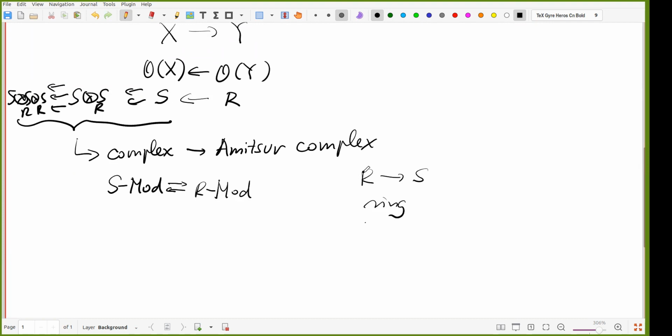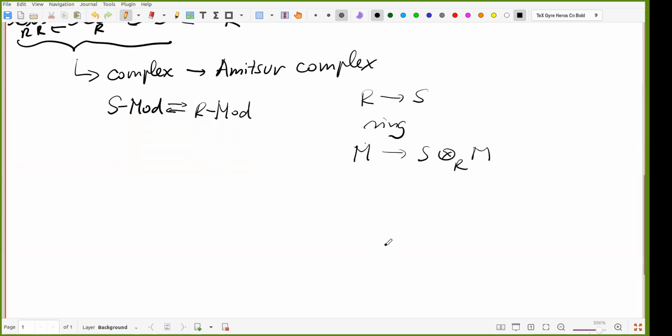I will have a restriction of scalars, I will have extension of scalars, and extension of scalars is left adjoint. So a module M goes to S tensor over R M, if they are left modules, from R modules to S modules; that's extension of scalars. Then restriction is just replacing the coefficients, the scalars, and the restriction has its own right adjoint. It's an important thing that we have an adjoint triple, not only an adjoint pair, but an adjoint triple.